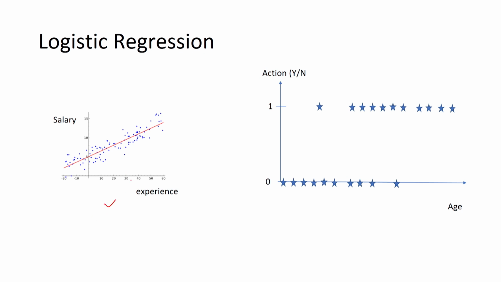So, this is the case of linear regression, where we have two features, two predictors, experience and salary, and this is the response variable values, and we are seeing there is a linear trend. When we learn the model, suppose we will get this red line as the model learned. In this case we know how we learned the model.